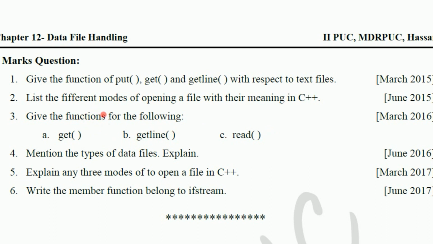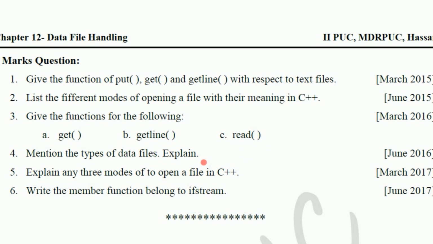List the different modes of opening a file with their meaning in C++. Okay, read mode, write mode, and the append mode. ATE mode, all those things we can mention in this one. Give the functions for the following: get, you have to write the syntax of getline, read.